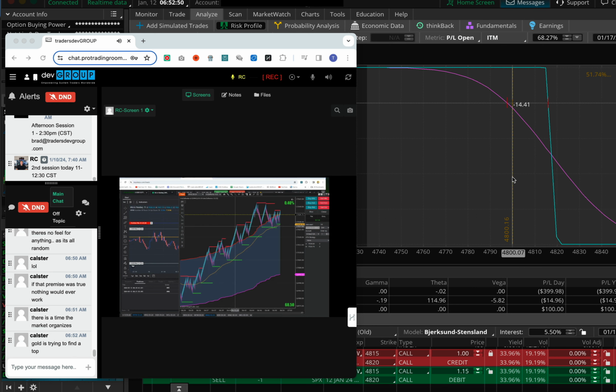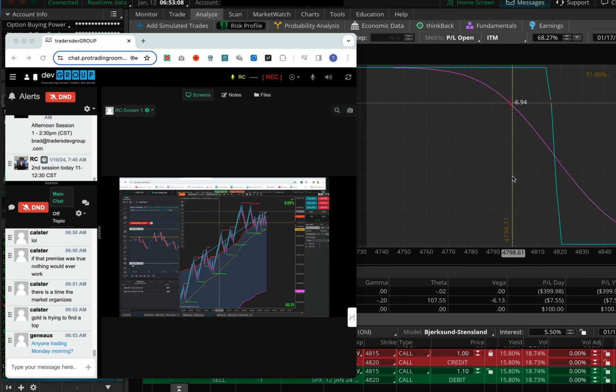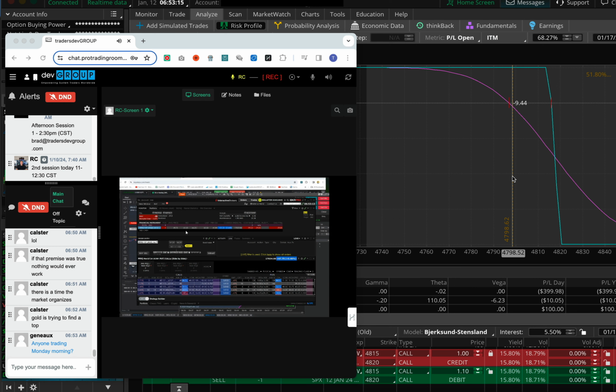No good. No bueno. Do not be short the NASDAQ right here. Got to wait for that first retracement and then a flattening out. Let's see how much we're getting fried on our... Oop, they're at 61 now. I'm all right with that. That's okay.